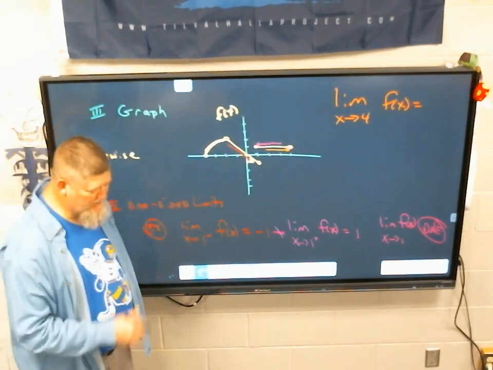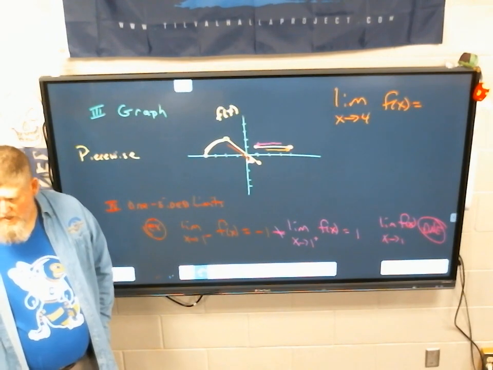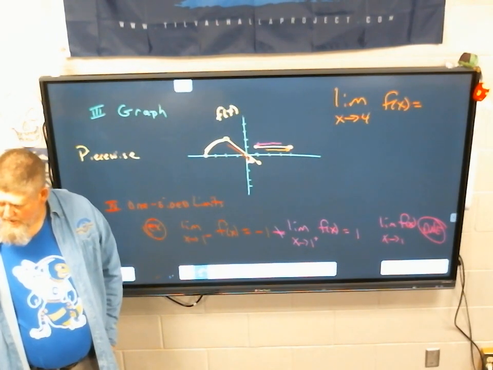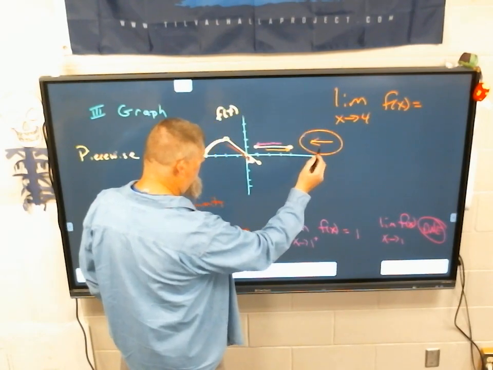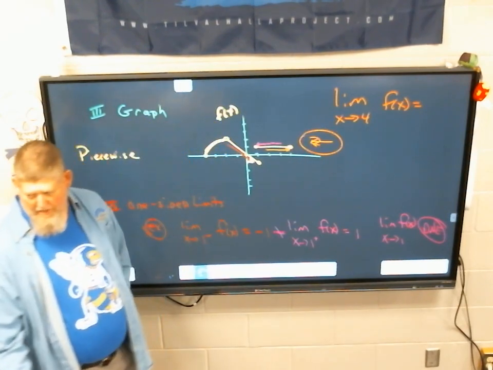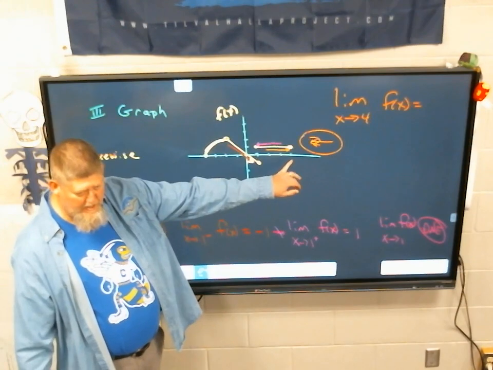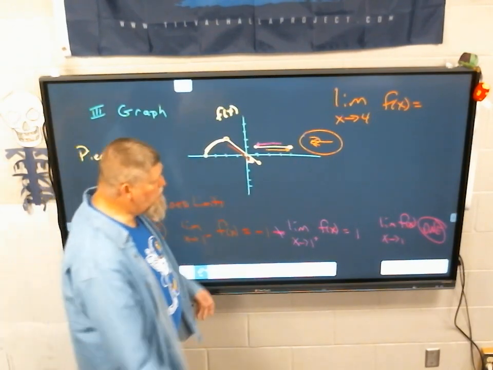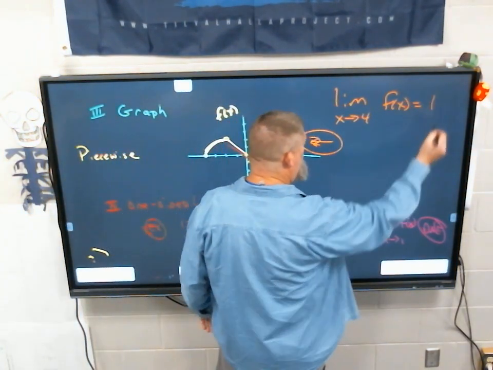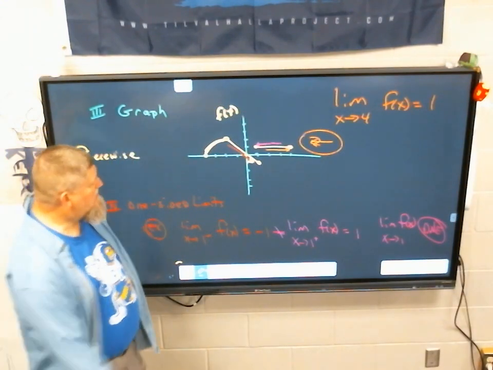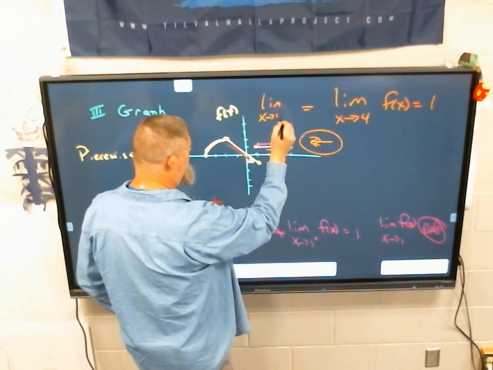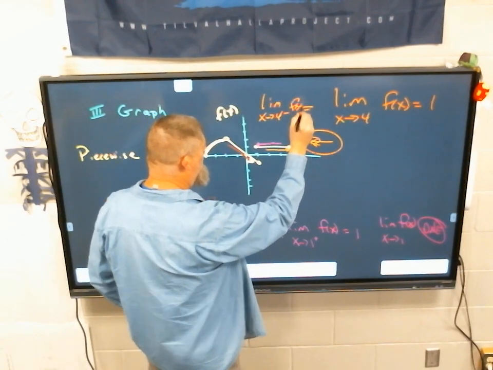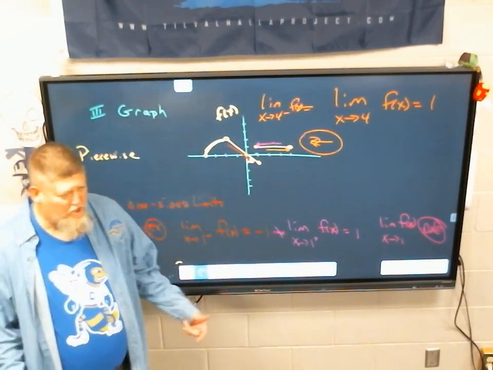What about from the right-hand side? Is there anything over here? Oh, it's not coming. There's nothing there, right? Because 4 is the endpoint, correct? So you only check one side. This is the same thing as the limit as x approaches 4 from the negative side. On endpoints, there is only one side.